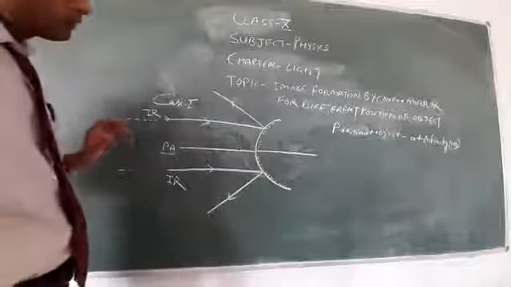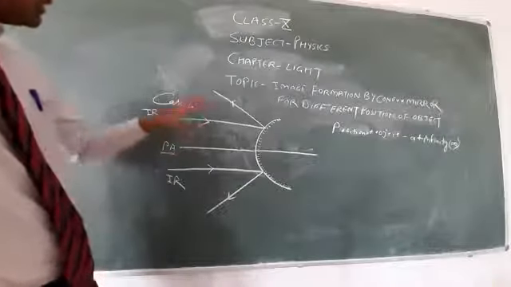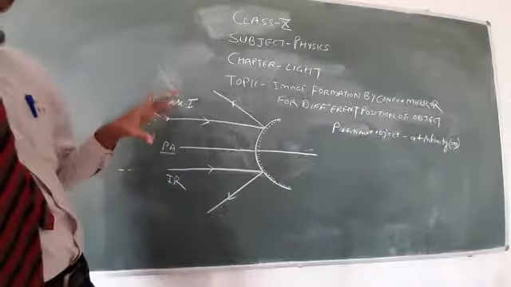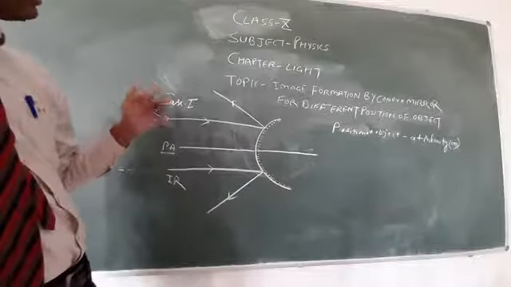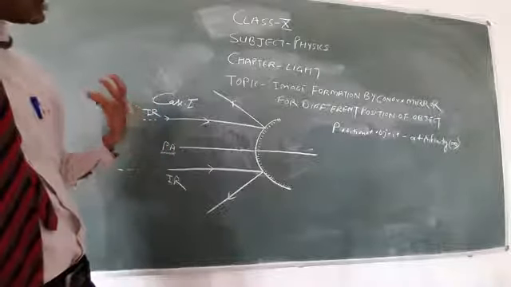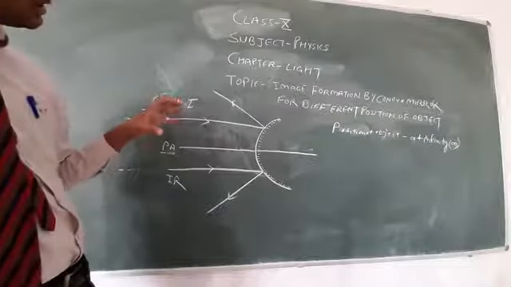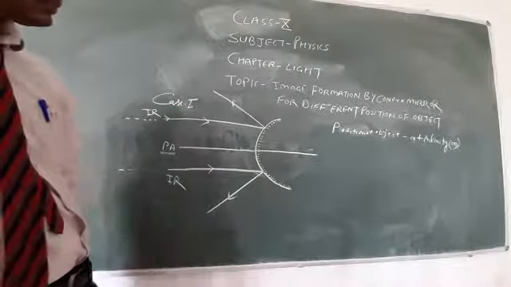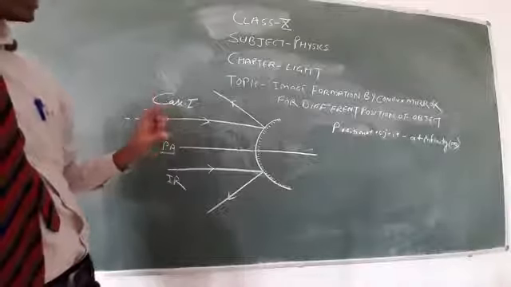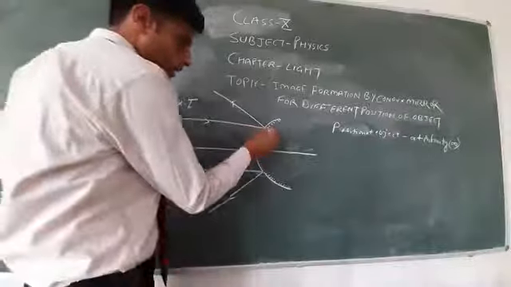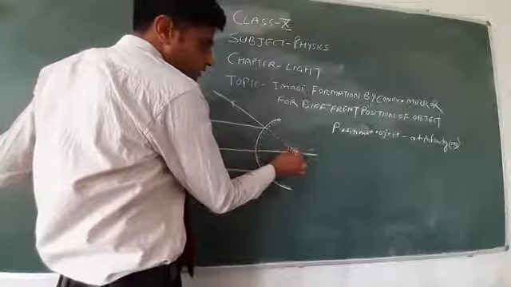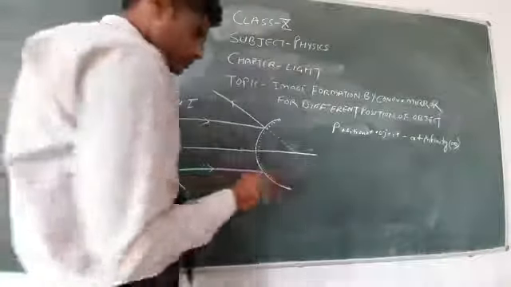You can see that when divergence takes place, these reflected rays never meet or intersect in front of the mirror, but these rays of light appear to come from a point when produced backward, behind the mirror.